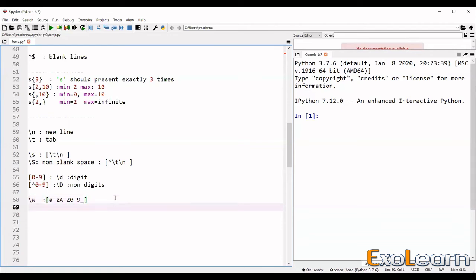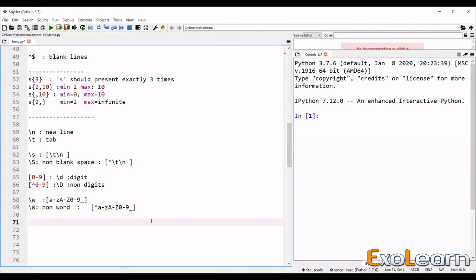Similarly, slash capital W means non-word characters. So what are the non-word characters? Caret, A to Z, 0 to 9 and underscore. These are non-word characters. So these are some of the special symbols that are allowed in Python regular expressions.